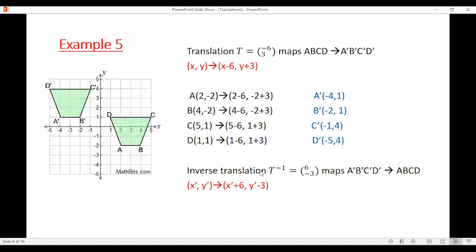Inverse translation is represented by T minus 1 with coordinates 6 and -3, which maps trapezoid A prime, B prime, C prime, D prime into trapezoid ABCD, and where all the x prime, y prime coordinates become x prime plus 6, y prime minus 3. You can also see from the diagram, the two figures are congruent.